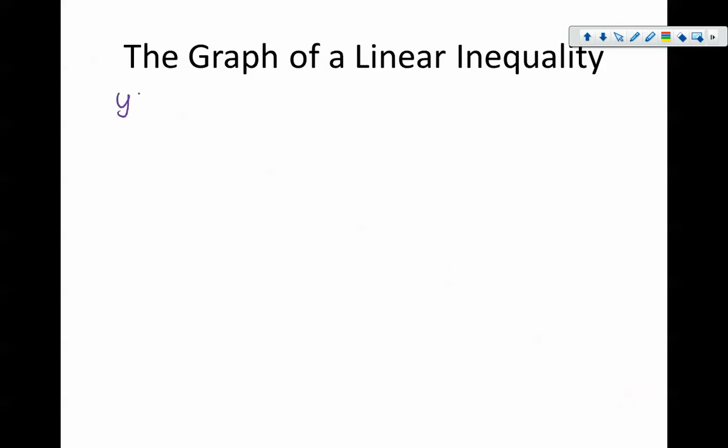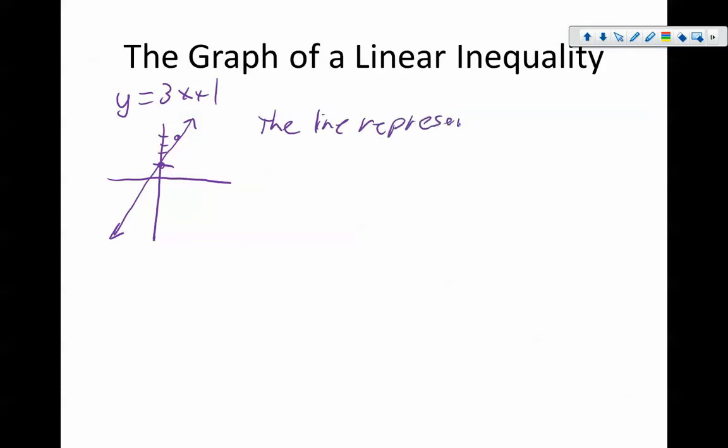So when we graph a line, what we are really doing is putting a point. So I'm just graphing this in slope-intercept form. The line represents all points that make solutions.